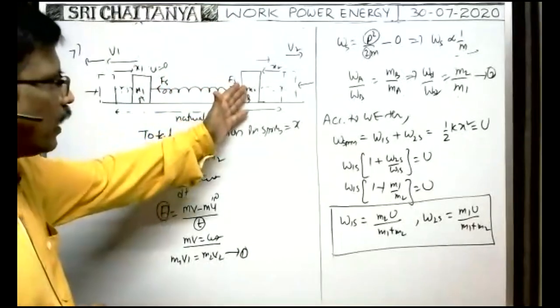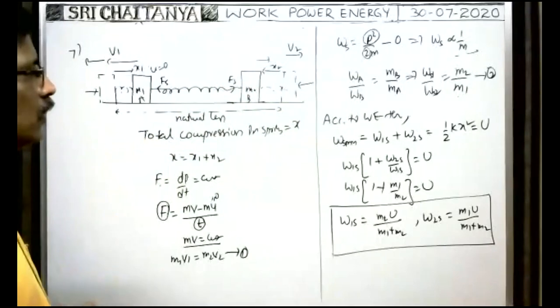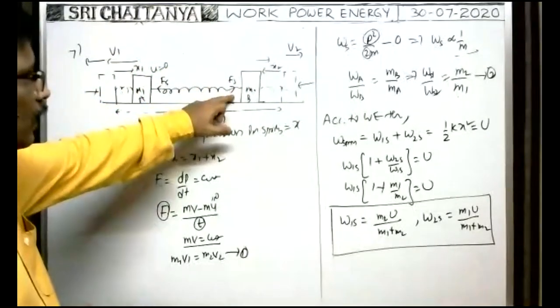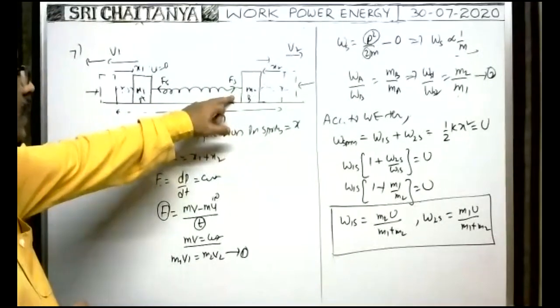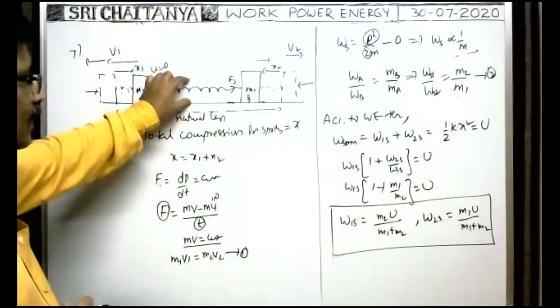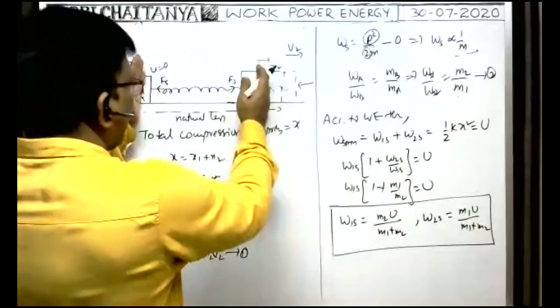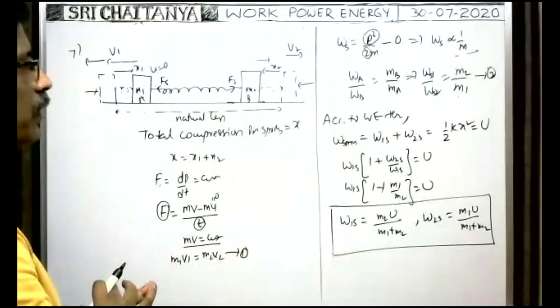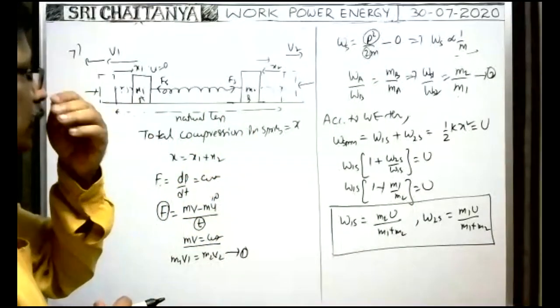This spring displaces the block in this direction, that is also positive work. So work done by the spring on the two blocks is equal to loss of energy by the spring. Initially energy stored in the spring is half k x square. Finally, whenever the two blocks leave contact with the spring, energy stored in the spring becomes 0. That's why change in energy is equal to half k x square.